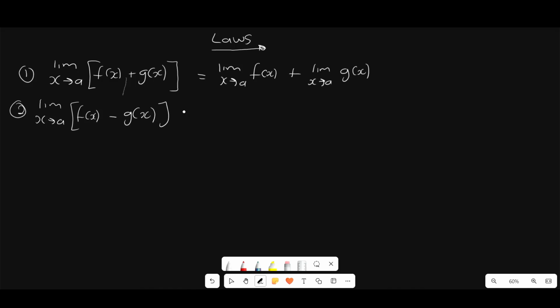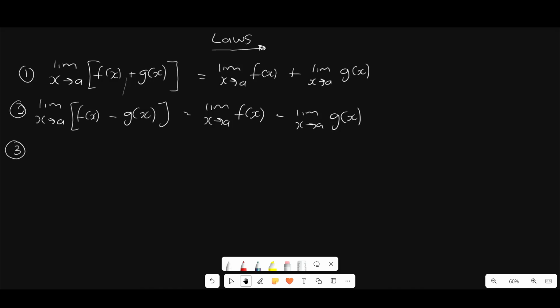You should get the same answer here: the limit as x approaches a of f(x) minus the limit as x approaches a of g(x), right? So that's the second law, the limit of a difference.